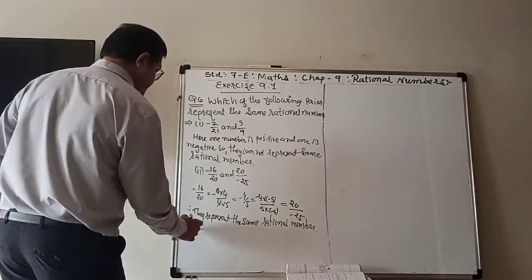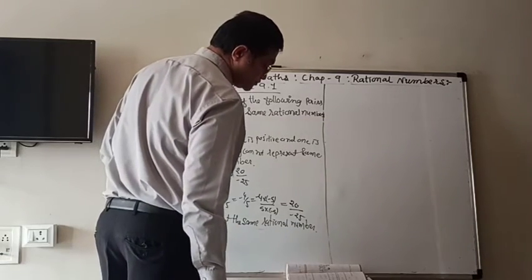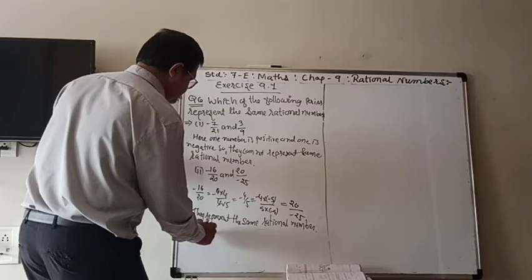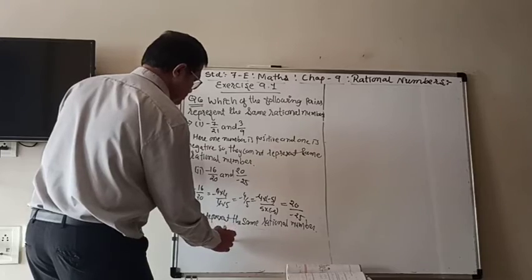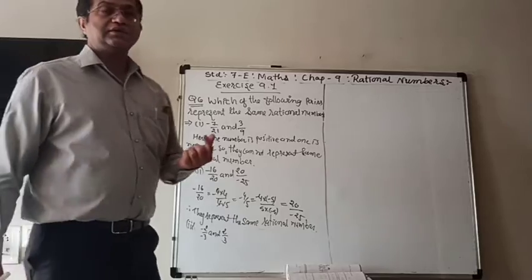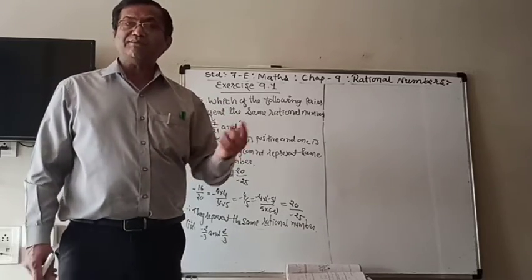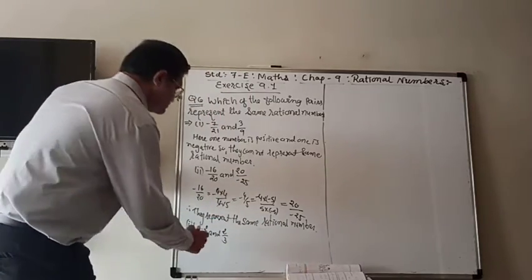Take the third one. Third pair is minus 2 upon minus 3 and 2 upon 3. So here you can see that minus 2 upon minus 3, if we multiply it by minus 1 upon minus 1, it will be same like this.